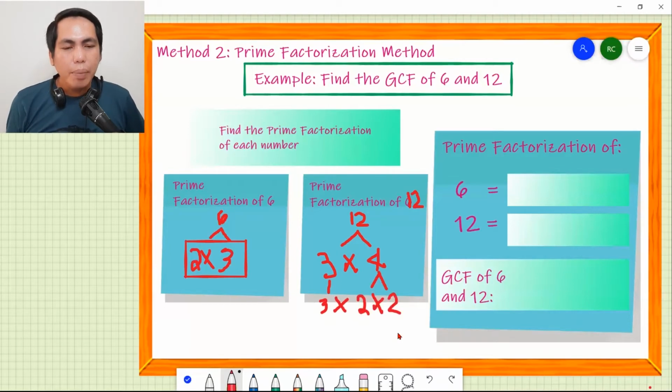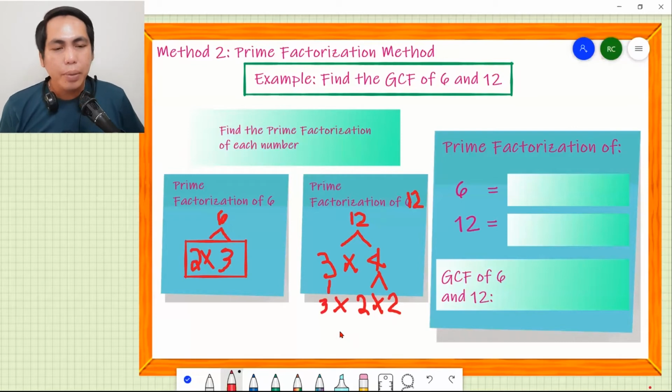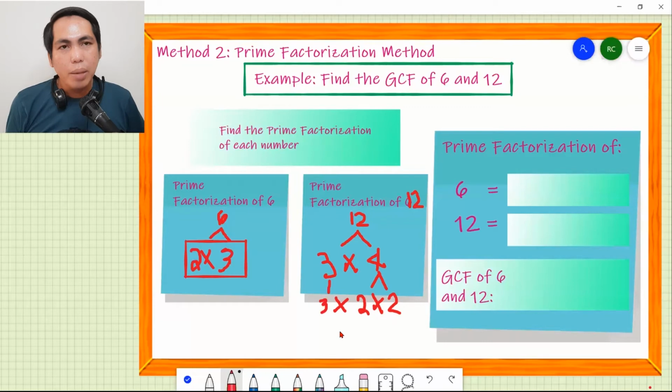So we have now our prime factorization for 12, 3 times 2 times 2, or we can also have 2 times 2 times 3, following the commutative property of multiplication, that when we change the position of the factors, it will not affect the product.